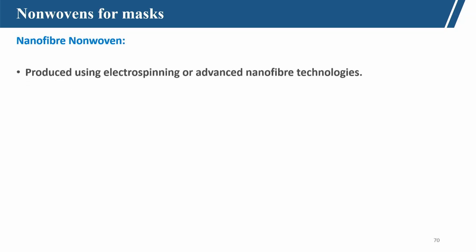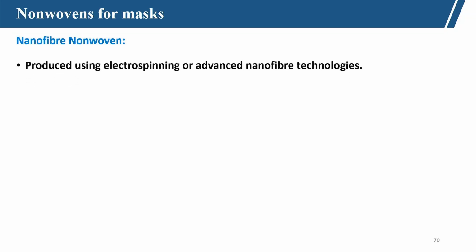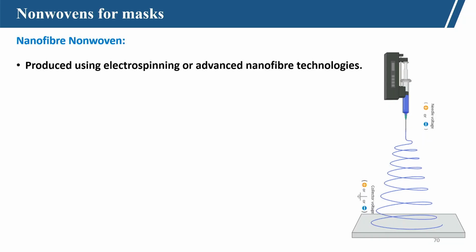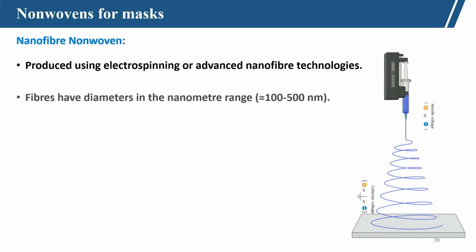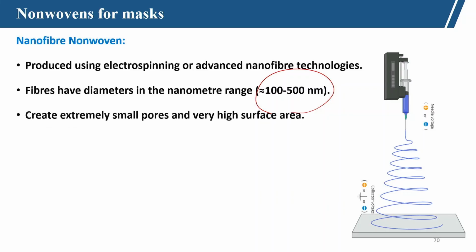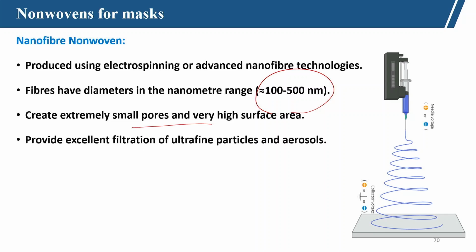And nanofibers are also used in the mask. They are produced by the electrospinning technique or advanced nanofiber technology. This is the electrospinning process, where fibers have a diameter of 100 to 500 nanometer, creating extremely small pores with high surface area, which provides excellent filtration efficiency, but here we need a substrate.